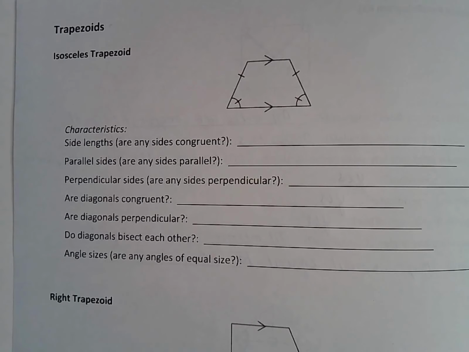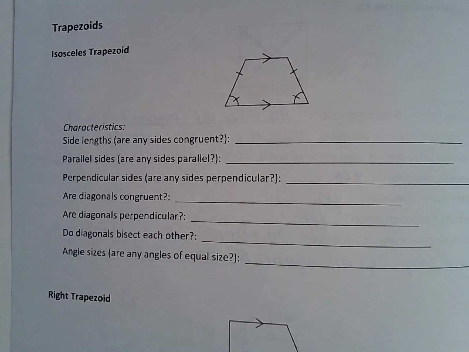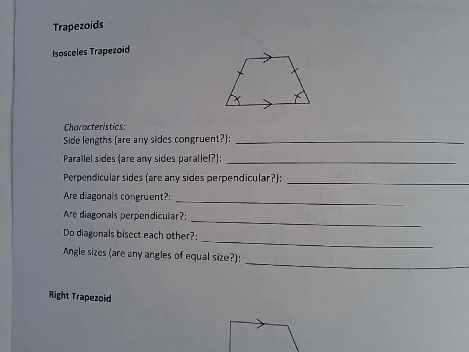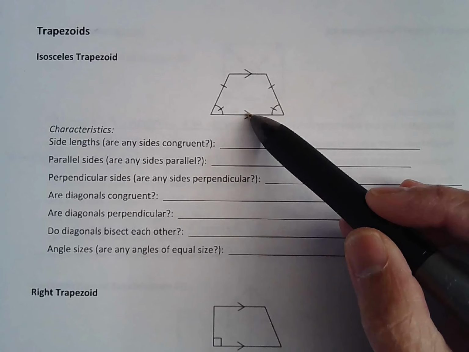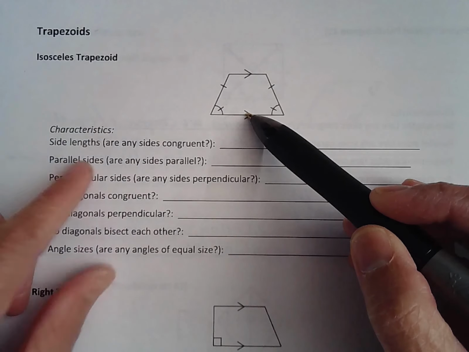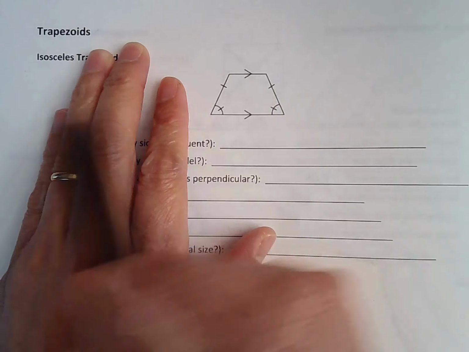Okay, now we're gonna get into a trapezoid. It's still a quadrilateral. What does a quadrilateral mean? Four-sided figure. Yeah, it still fits. But let's take a look at side lengths.